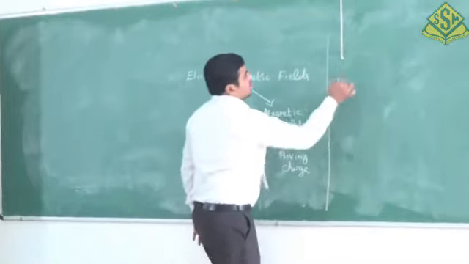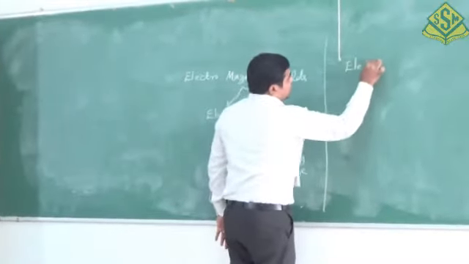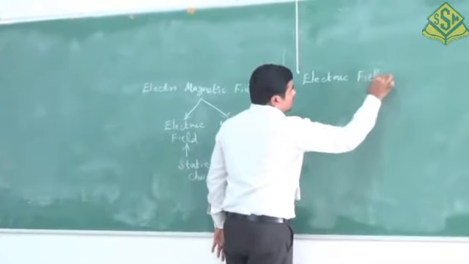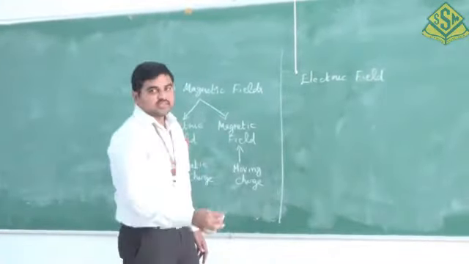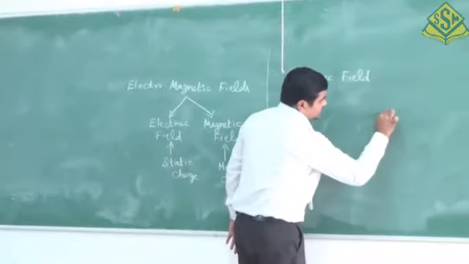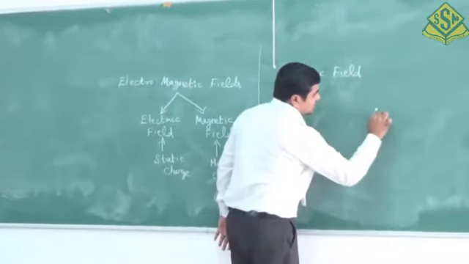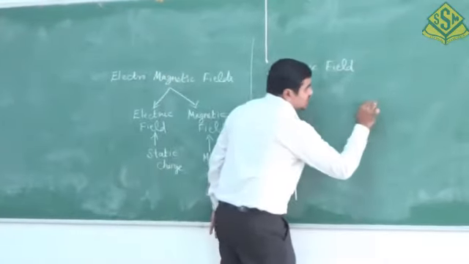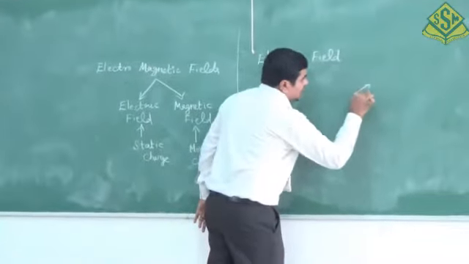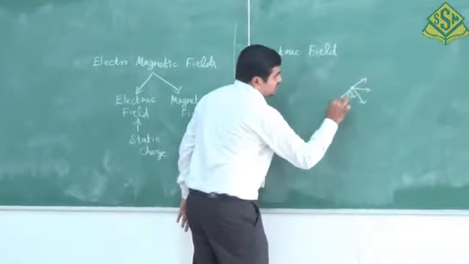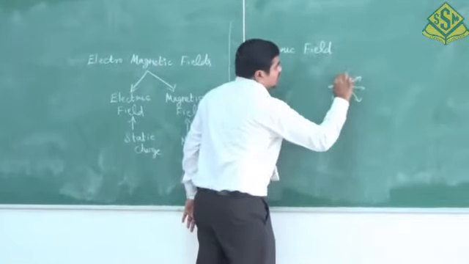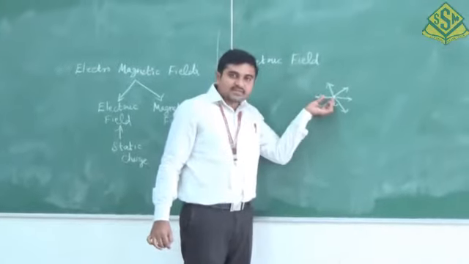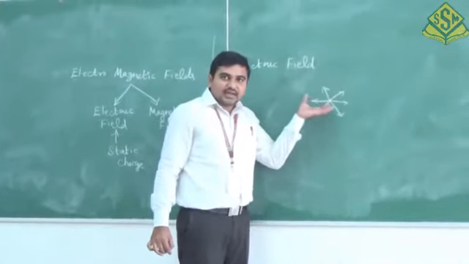For that, first electric field. So consider a point charge here. This is a static charge. Whenever we have a static charge, it produces electric flux around it. So from electric charge, the electric flux lines are diverging.